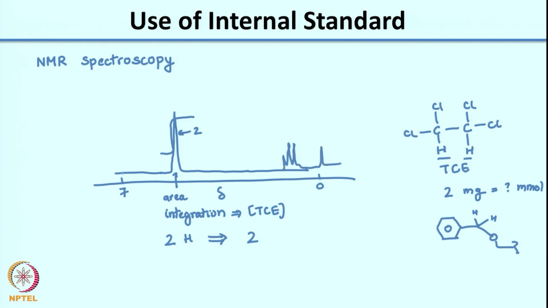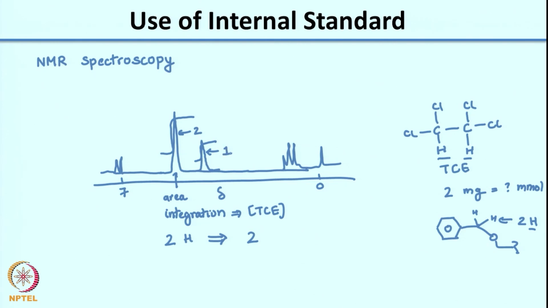You will also have other peaks in this region, and let us say these protons show up independently around this region. Now, these also correspond to 2 protons. But when I integrate this, since I have set the integration of TCE to 2, let us say this value comes out to be 1.